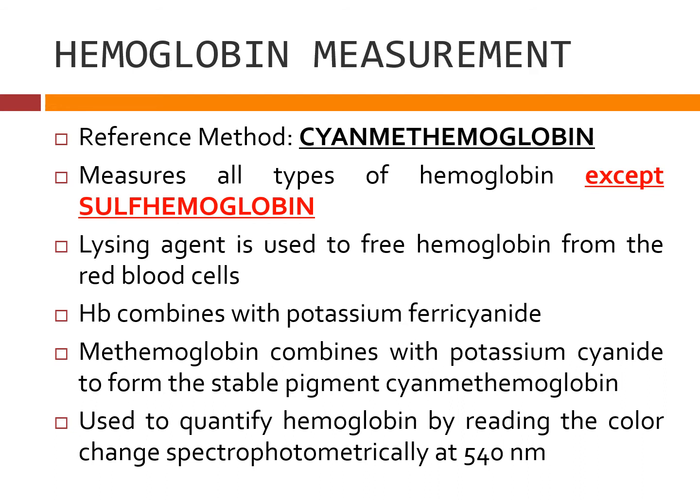So methemoglobin combines with the next compound within that reagent. That compound is called potassium cyanide, to form a stable pigment called cyanmethemoglobin. And the cyanmethemoglobin is then measured or quantified through a spectrophotometer at 540 nanometers.